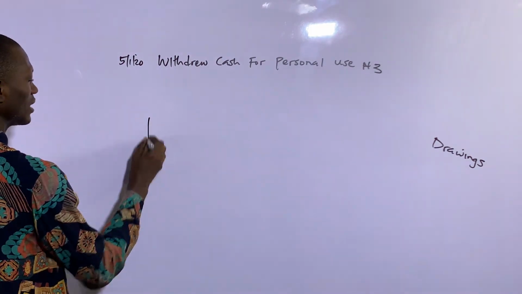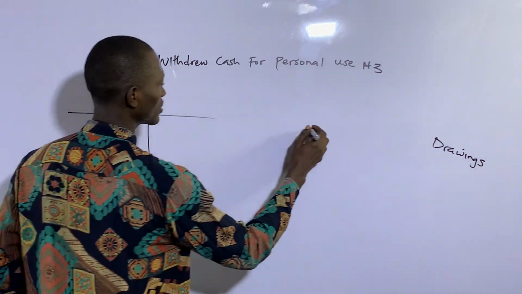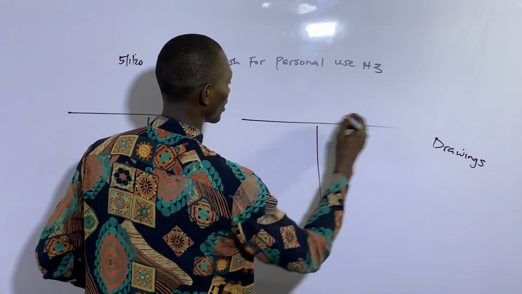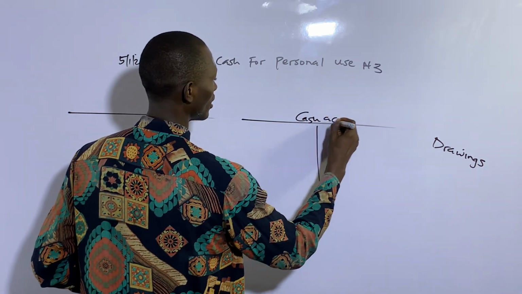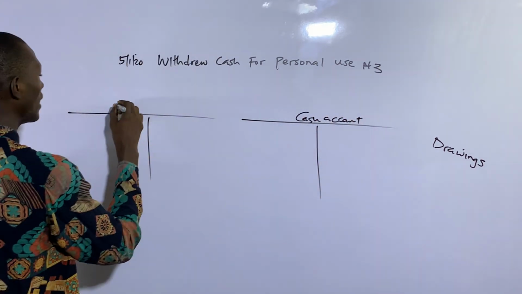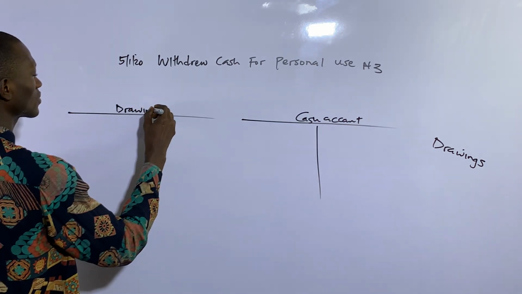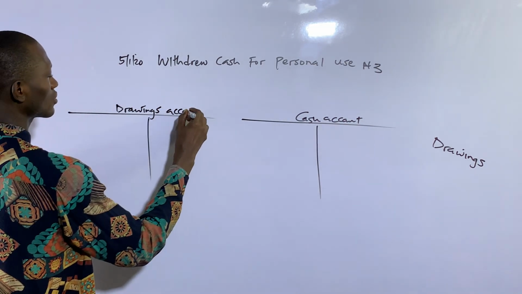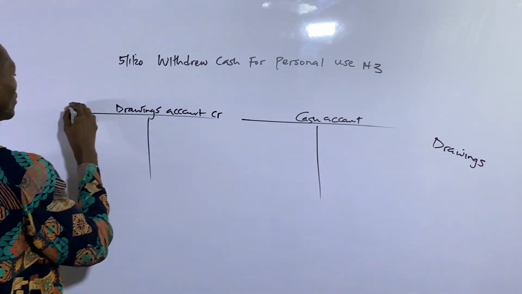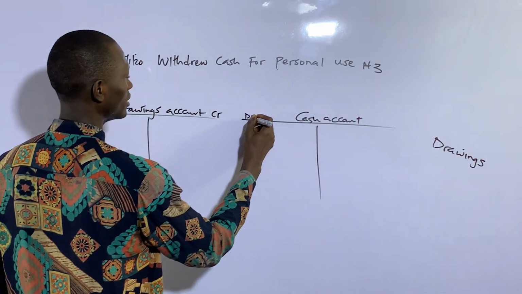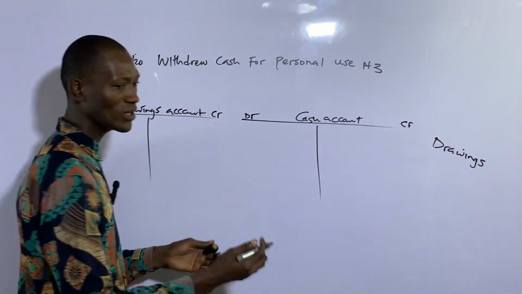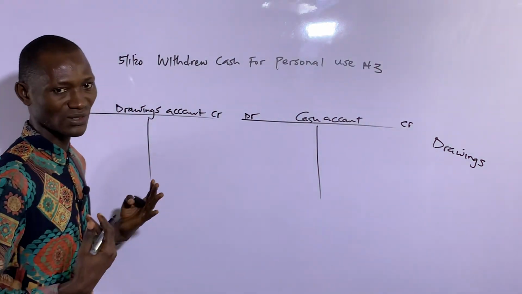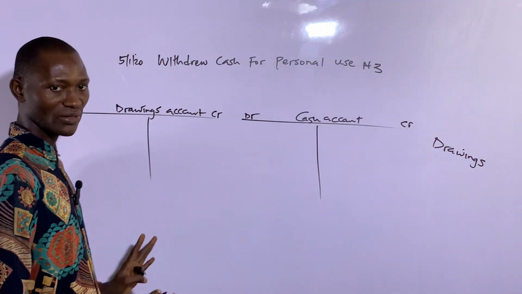So the two accounts here are drawings account and cash account. So we have the debits, we have the credits. Drawings account always receives, so it will always be debited.